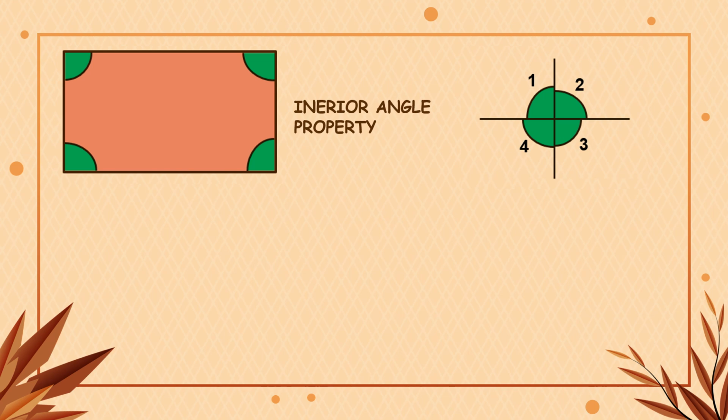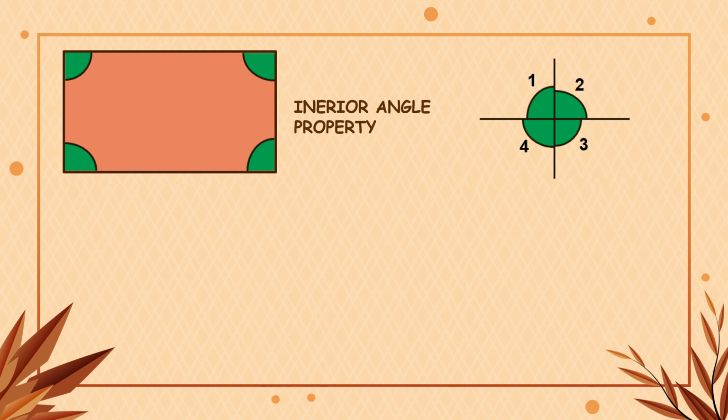When we put together all these angles, which are interior angles of the given quadrilateral, we get a complete angle, that is a 360-degree angle. That is, angle 1 plus angle 2 plus angle 3 plus angle 4 will give you 360 degrees. So we can conclude that the sum of the interior angles of a quadrilateral is 360 degrees.